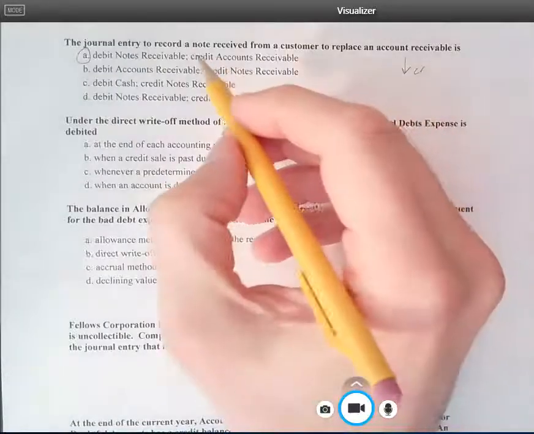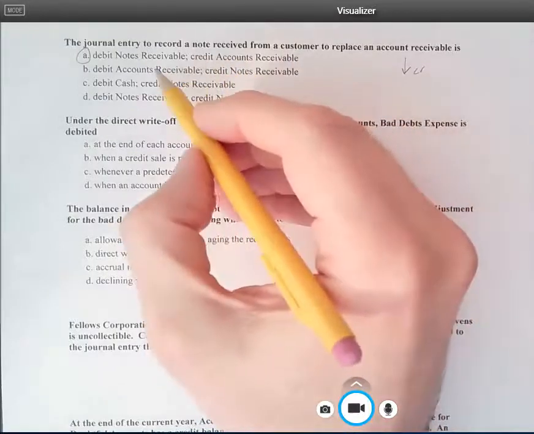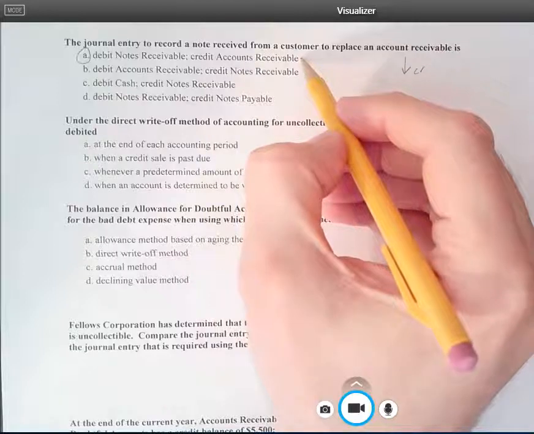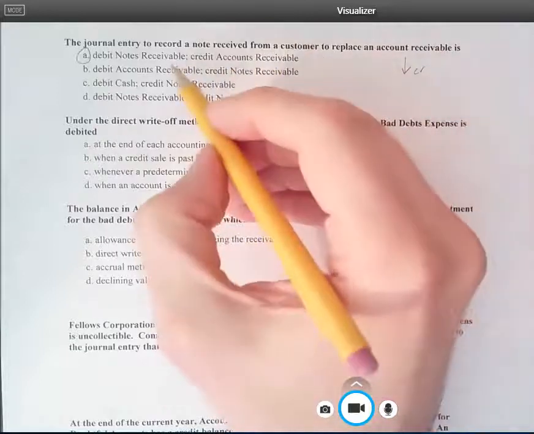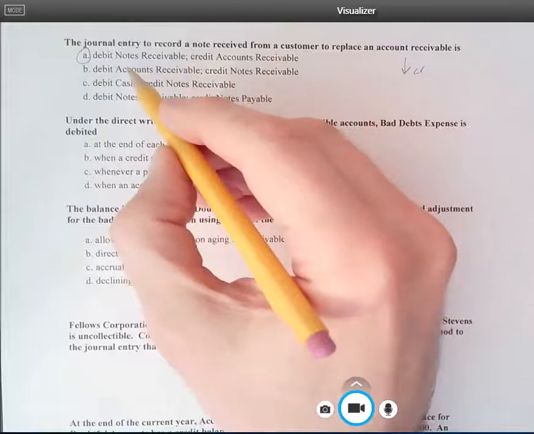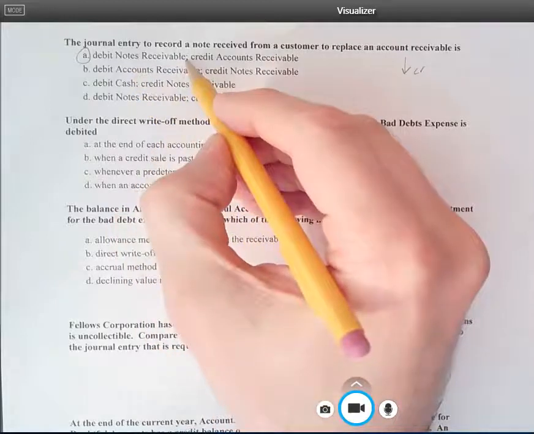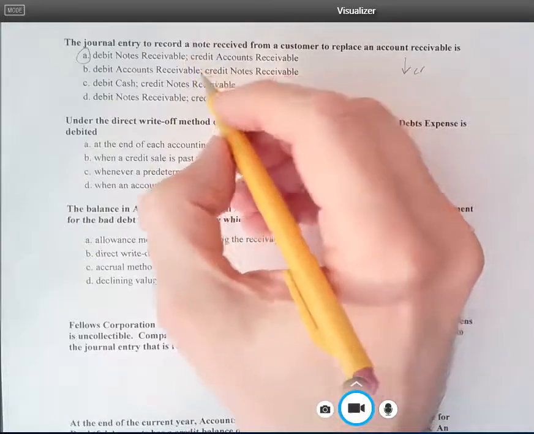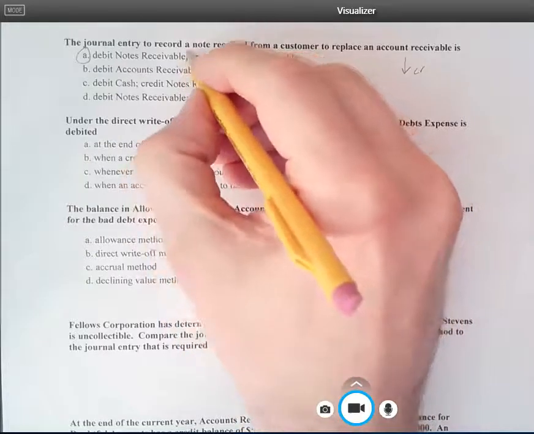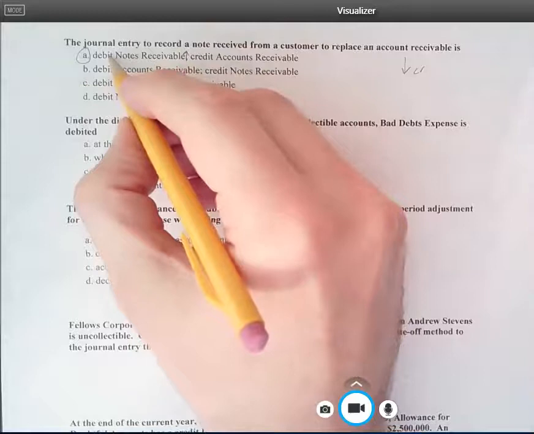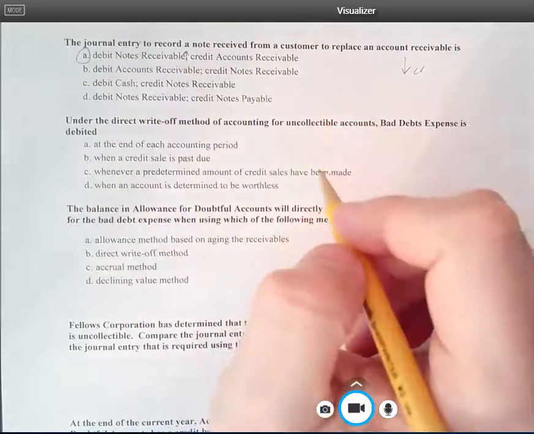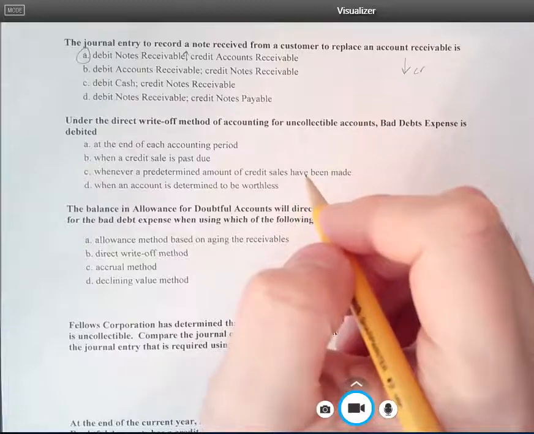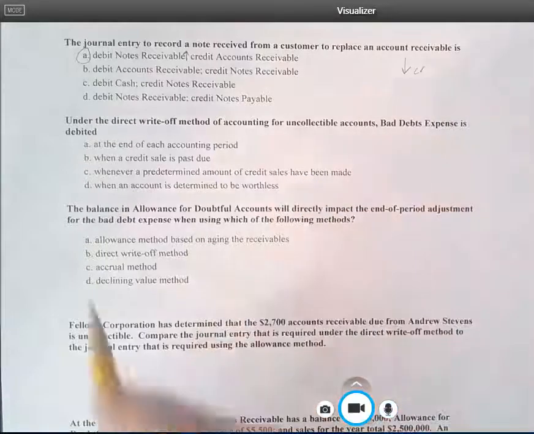But the other side of this is that we've reduced our accounts receivable, but we have also created a notes receivable in its place. A notes receivable is an asset. Assets go up with a debit, and so that's kind of the proof, so to speak, that A is the correct answer.